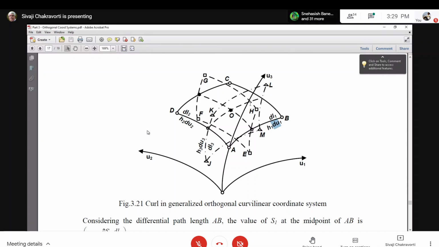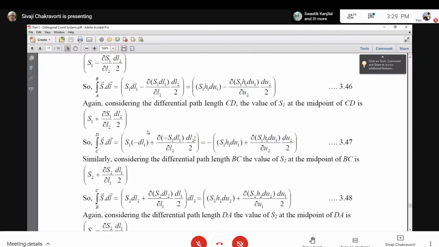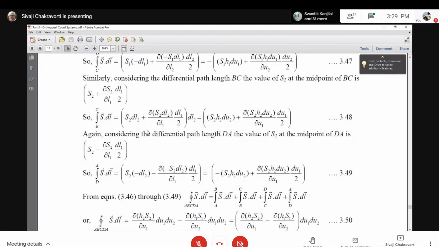So we are determining the value of S2, because we are integrating from B to C and D to A, which are along the U2 direction. So we multiply S2 by the distance. First along the length BC, we find the value of the vector field.